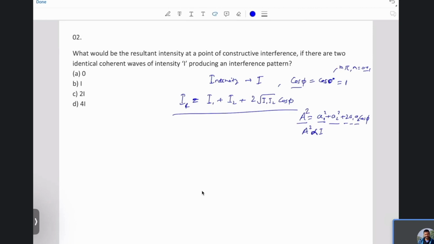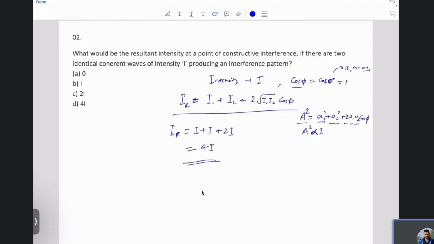Cos phi will remain the same. So the individual intensity is just I, so I plus I plus 2 root of I square, which is just I, cos phi is 1, so we have 4I.